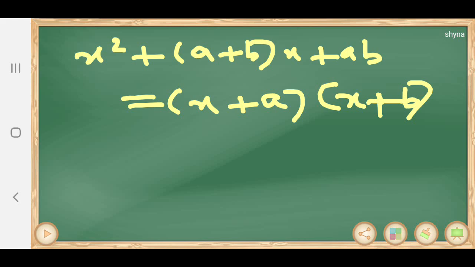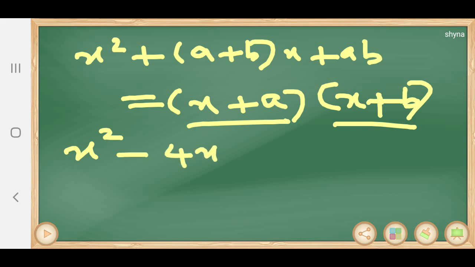That is, we can factorize this expression as x plus a into x plus b. In the same way, for x square minus 4x plus 3, we have to find a and b such that the sum is negative 4 and the product is 3. That is, a plus b is minus 4 and a into b equal to 3.